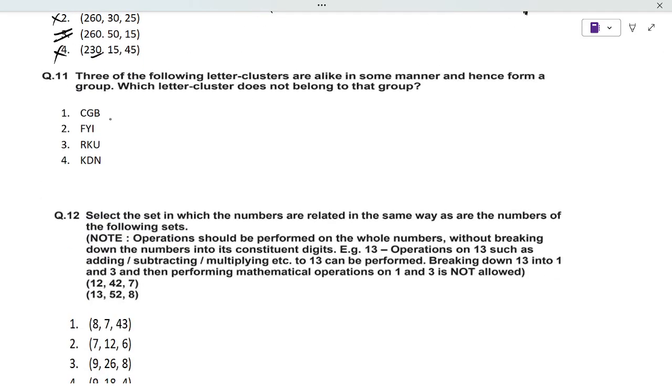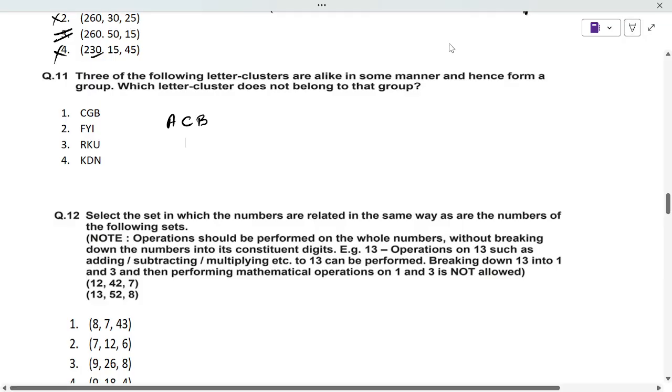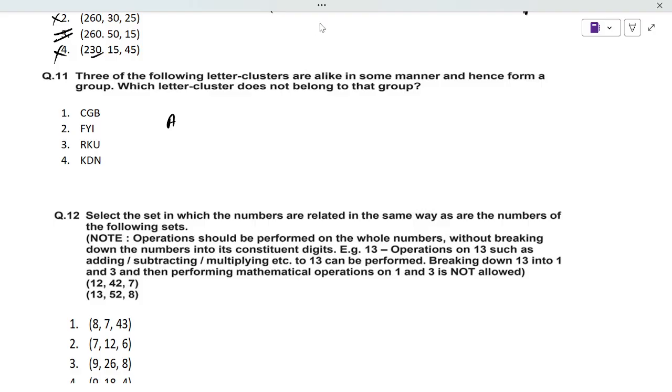Okay. Again, coding and decoding. A, C, A, B, C. A, B, C, D, E, F, G, H, I, J, K, L, M. Let's just write it away for now, because this one wouldn't have any specific pattern to match with the question.